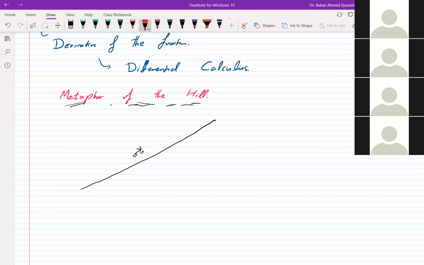Now, to describe this hill, you have, for example, how far away you are from a particular mark post. For example, this is the city center, town center, and this is the horizontal direction.